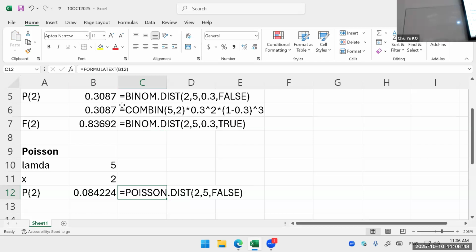Now, although I didn't say it, you can easily see that if I ask you the probability of less than or equal to 2 customers coming, maybe more complicated, so P equal to 0, 1, 2, how can you do that? Then it's just F of 2.